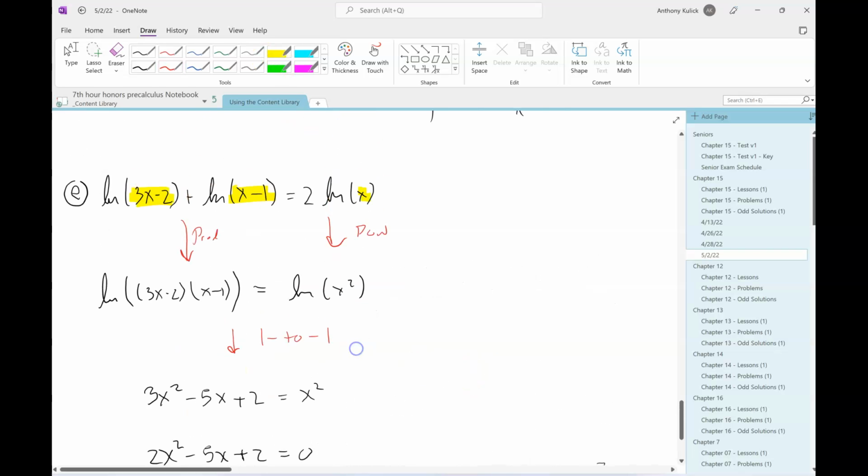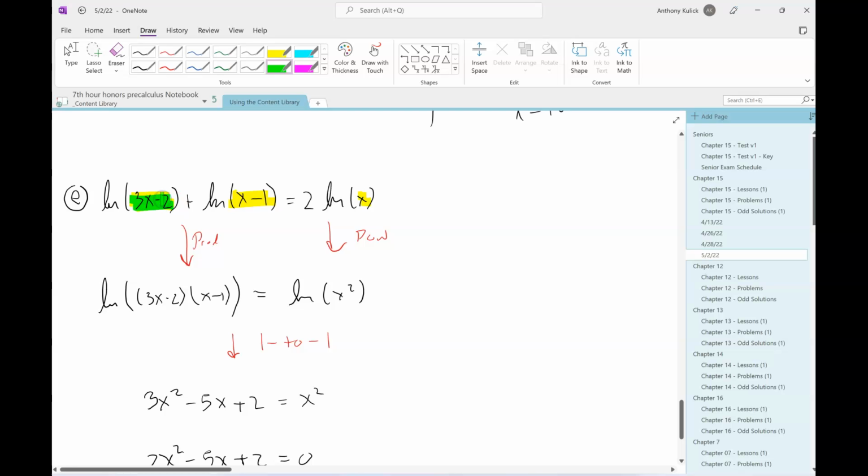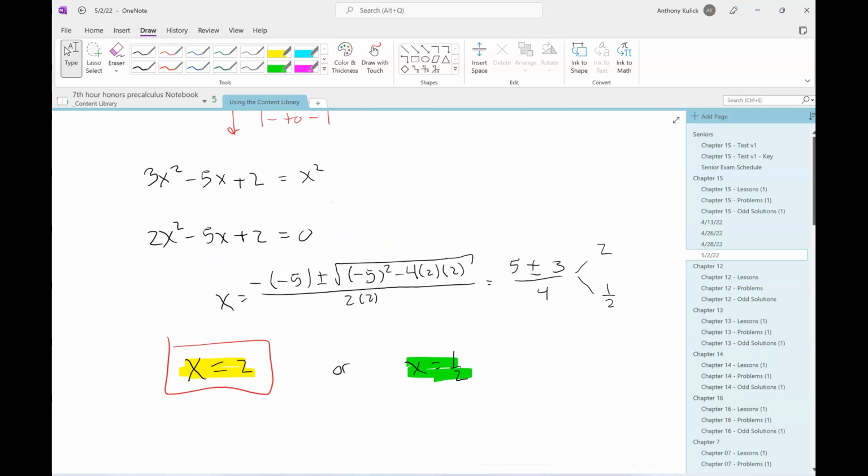Let's do a half. 3 times a half minus 2 is not positive. We're done checking. That is an extraneous answer. We do not count it. We have one solution. That solution is 2.